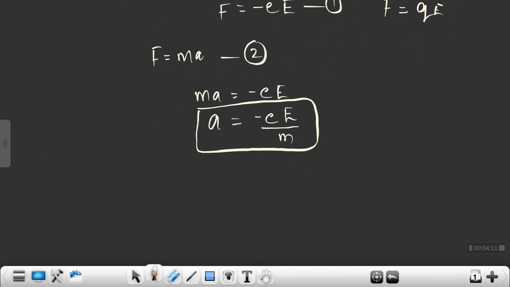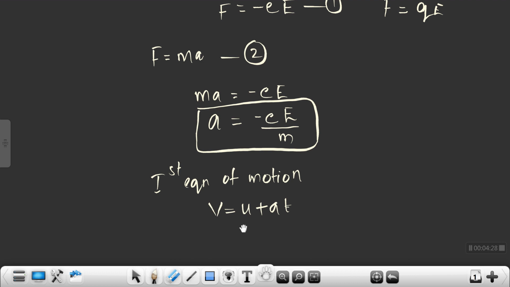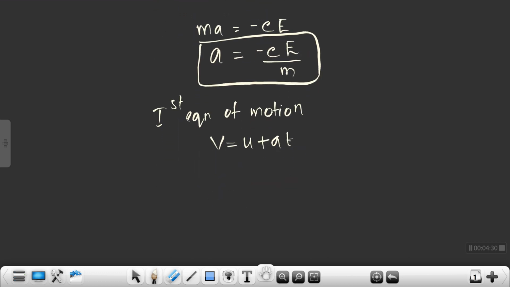Now we know the first equation of motion. What is the first equation of motion? V is equal to u plus at, where v is the final velocity, u is the initial velocity, a is the acceleration and t is the time.